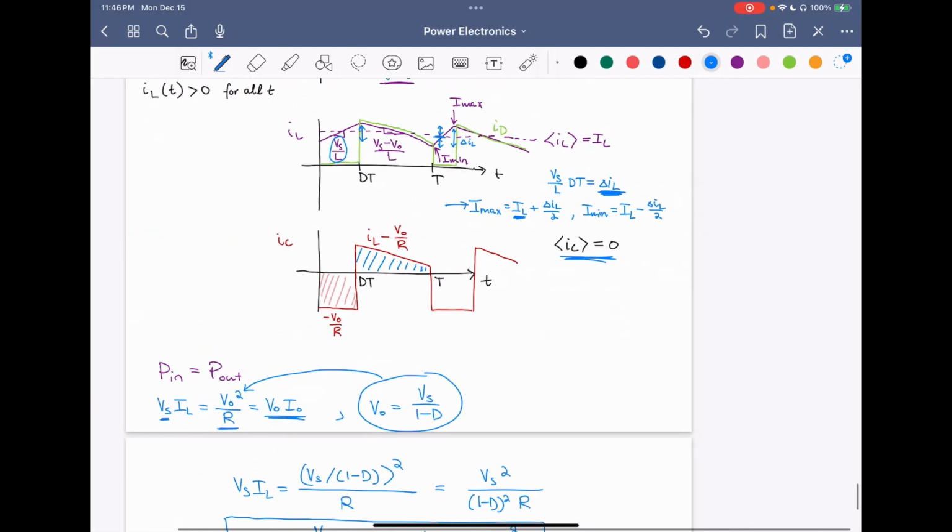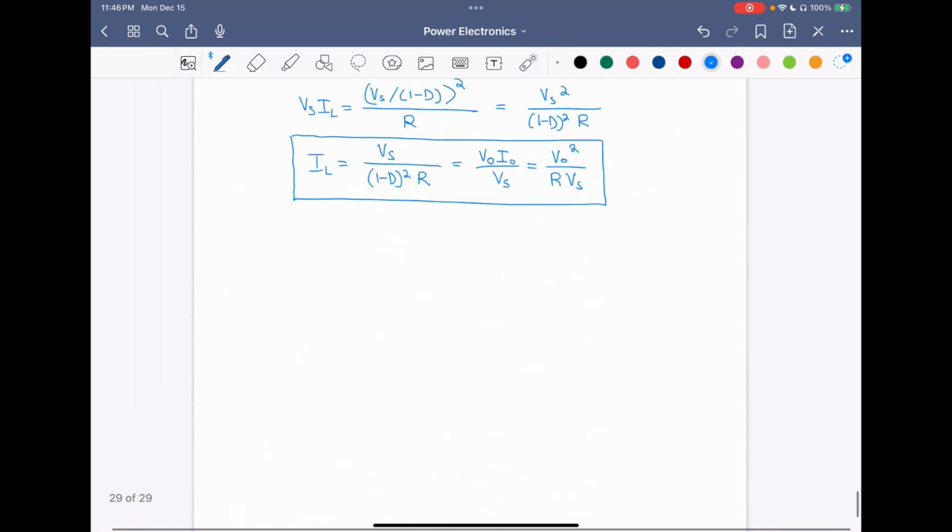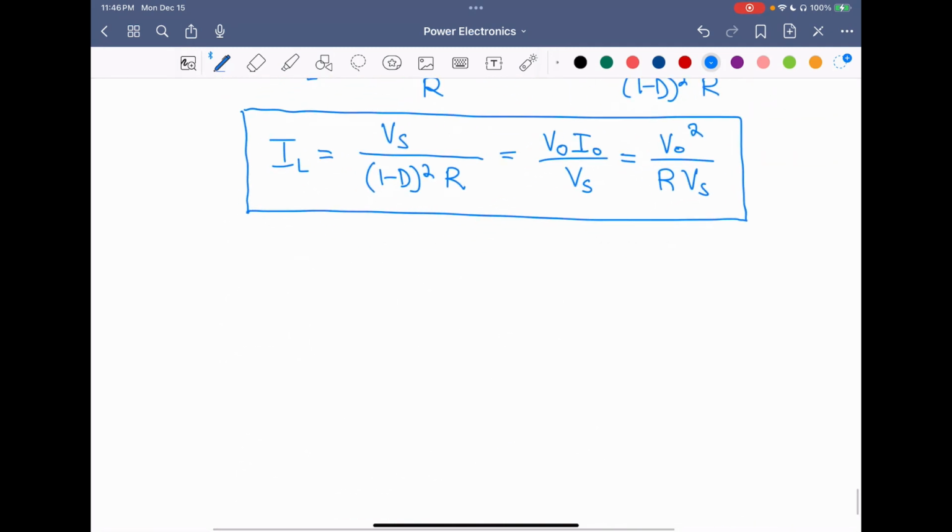So in this case, let's write that here. I max is equal to IL plus delta IL over 2. And let's use this expression here.